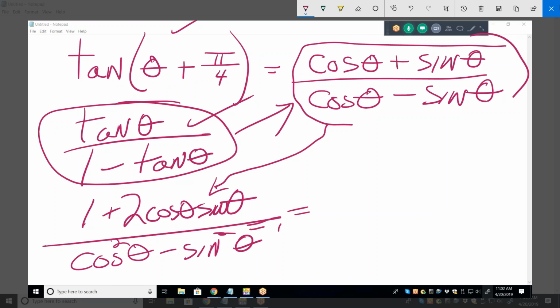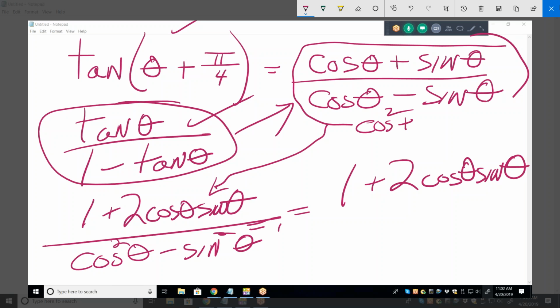Well, let's see. What can we do at the bottom? We've got 1 plus 2 cosine theta sine theta. Cosine squared of theta plus sine squared of theta. Cosine squared plus sine squared equals 1. So I would have to take the sine squared to the other side, minus sine squared. That's what cosine squared is equal to.